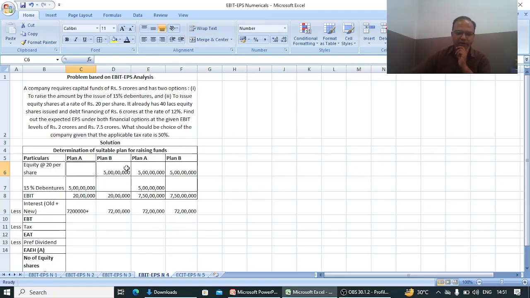Now, fixed financial charges of the organization is 72 lakh plus 5 crore at the rate of 15%, it will be 75.